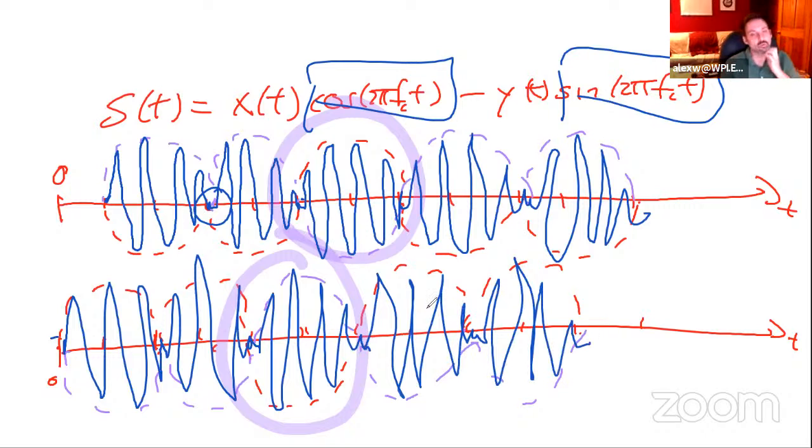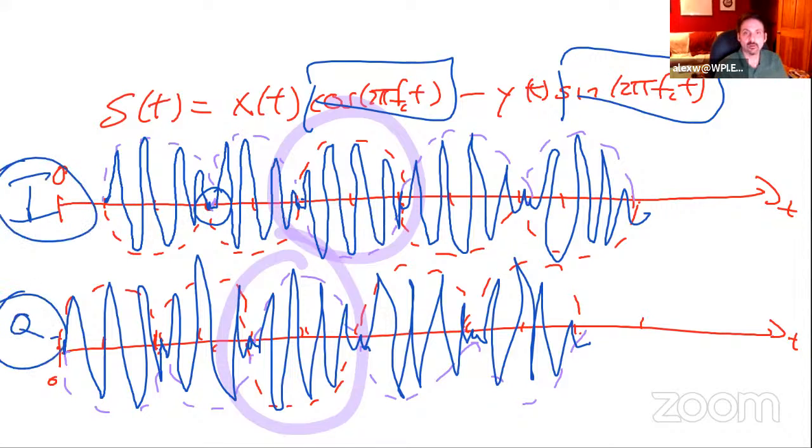So that's a beautiful way of creating graceful transitions between different bits, and they're on I and Q channels. And this is actually pretty awesome, because when you do that, you actually allow for graceful transitions.